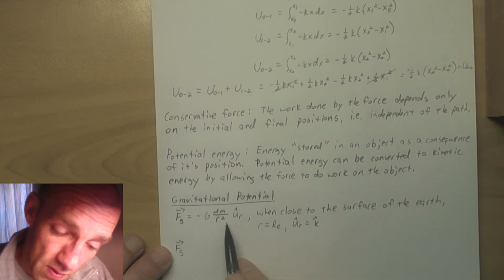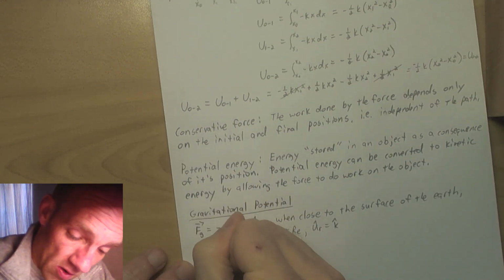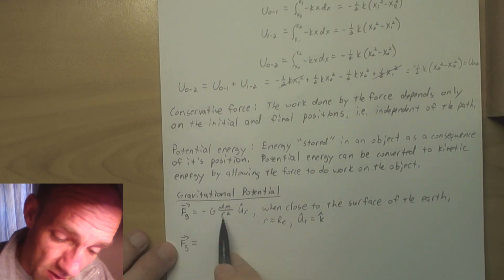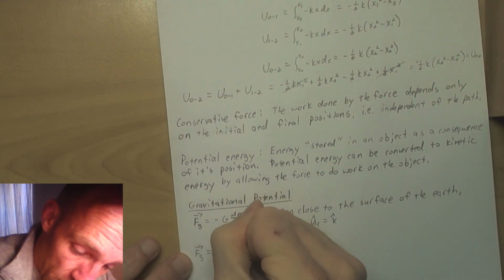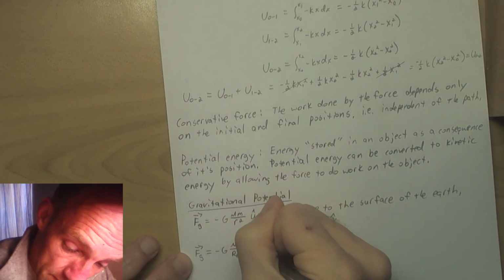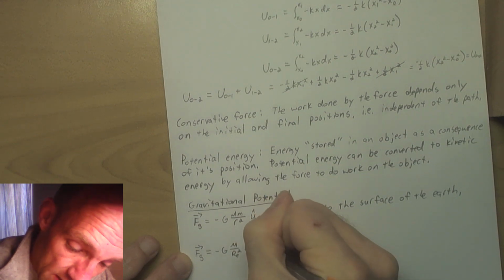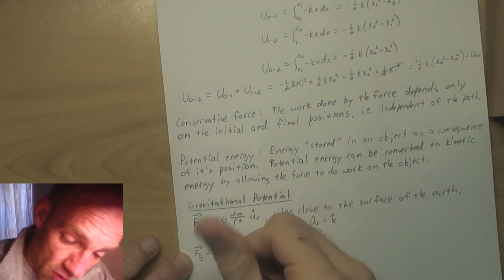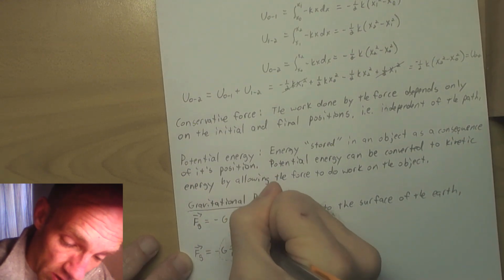So this is an approximation. Clearly it's an approximation. So we have a constant here. We have negative G M over R_E squared times the mass of the object times k. And we can group all this together. We call it little g.